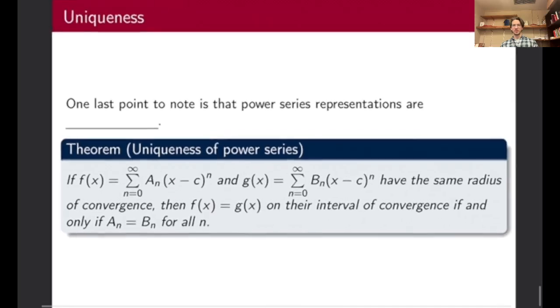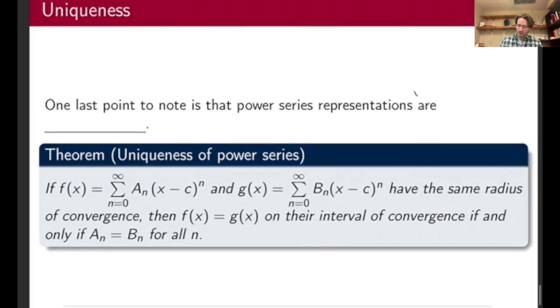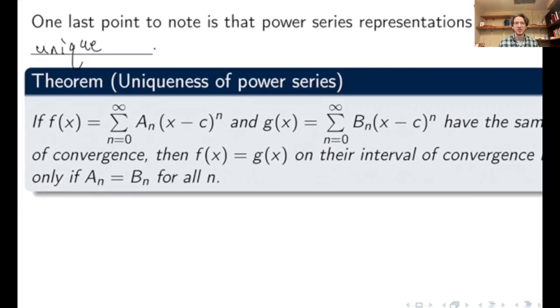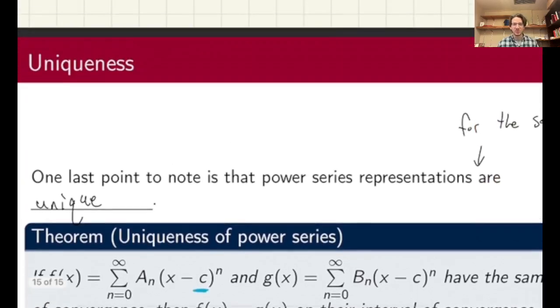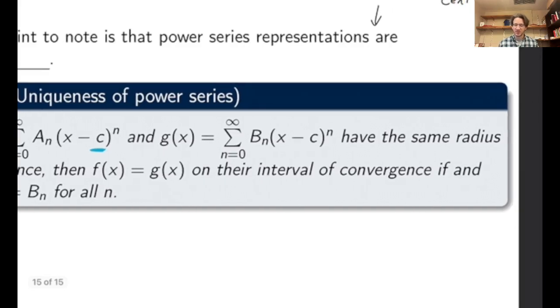And we're not going to do anything with this necessarily, but I just want to point out that power series representations for the same center are unique. Okay, and what I mean by that is this: if f of x is the sum from 0 to infinity of an times x minus c to the n, so there's a power series representation for f of x, and g of x is the sum from 0 to infinity of bn times x minus c to the n, so that those power series have the same center.